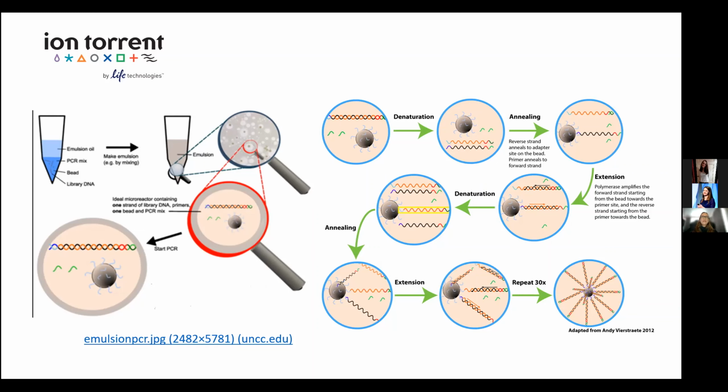Then each bead is emulsified in a water-in-oil droplet together with the PCR reagents. Ideally, one droplet contains one bead, PCR mix, and a strand of DNA. These droplets act like microreactors for PCR to occur and amplify our DNA strand.